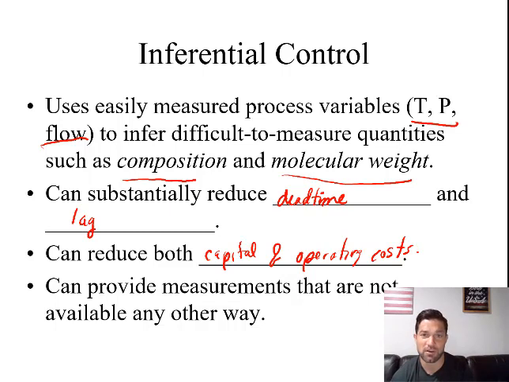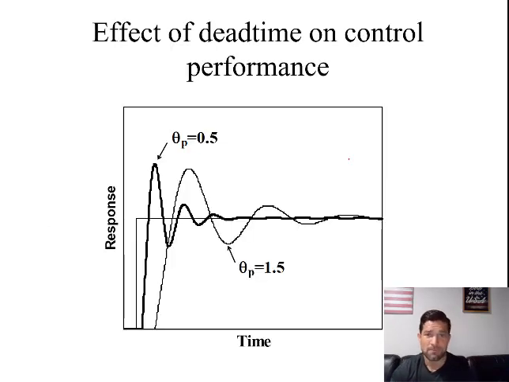Oftentimes because temperature, pressure, and flow sensors are much cheaper than composition sensors or molecular weight sensors, and operating costs, again, because systems don't have to be sampled, the cost of taking these types of measurements is often higher than the easy to measure things like temperature and pressure. Oftentimes inferential control is necessary because the measurements can't be achieved any other way. So let's look at an example of the effect of dead time on the control performance. So this system right here shows your control variable response.